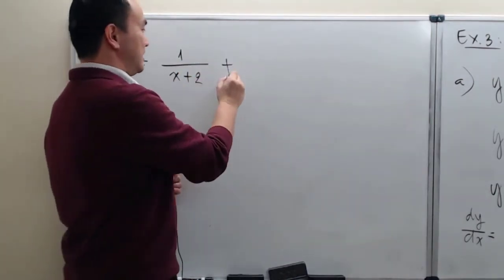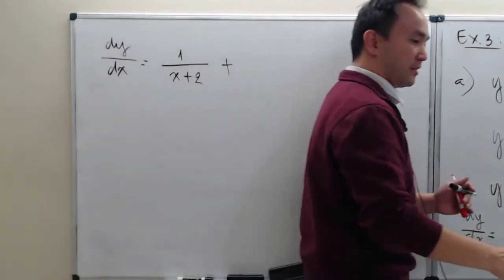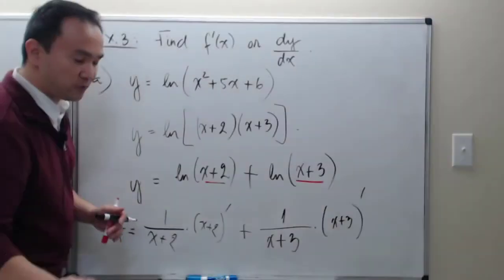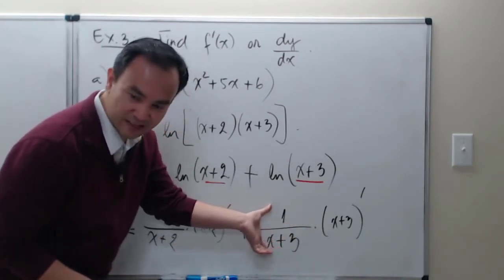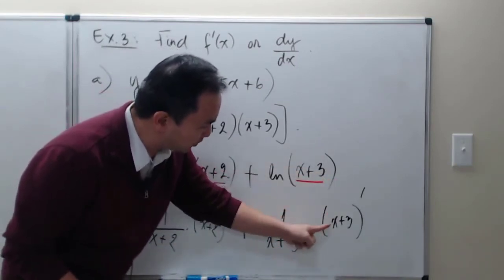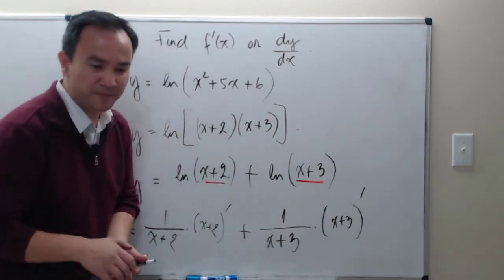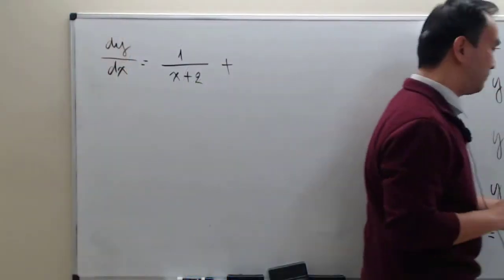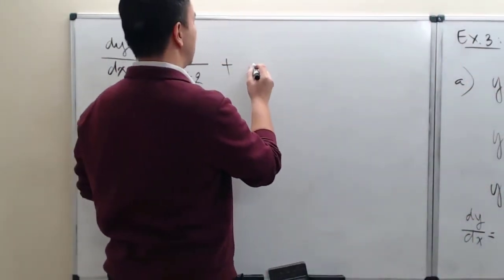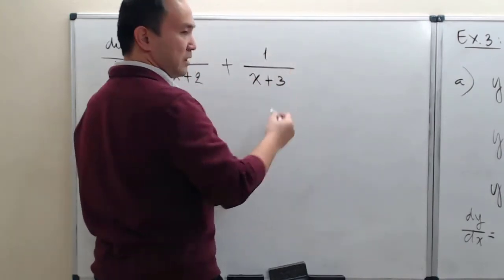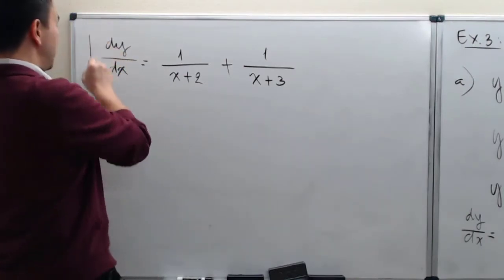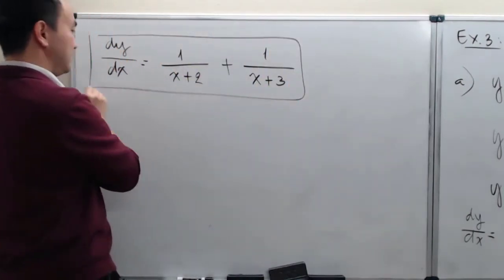And now plus, let's find out the final derivative for this next term right here. We already had half of that done. So the derivative of x plus 3 becomes a 1 again. So that means my next term becomes 1 over x plus 3. And so now we're done. Officially speaking, we're done.